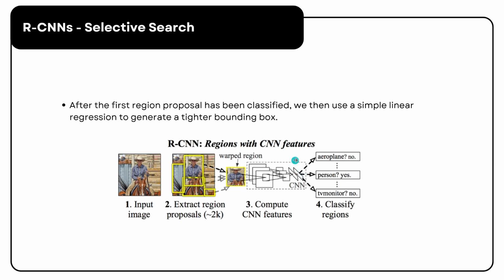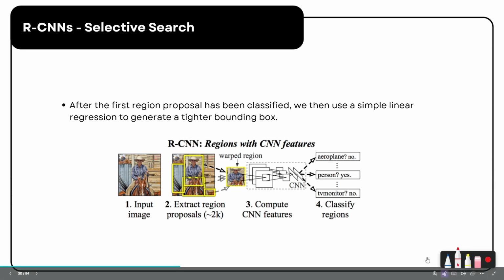Often the initial box doesn't perfectly align with the object. It might be too loose or slightly off center. To solve this, RCNN includes a final step called bounding box regression.